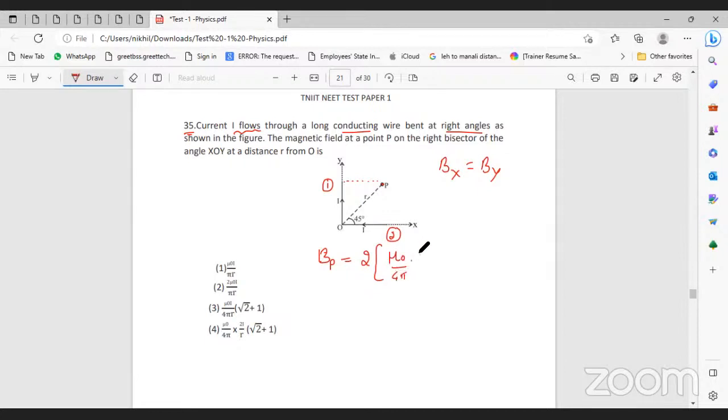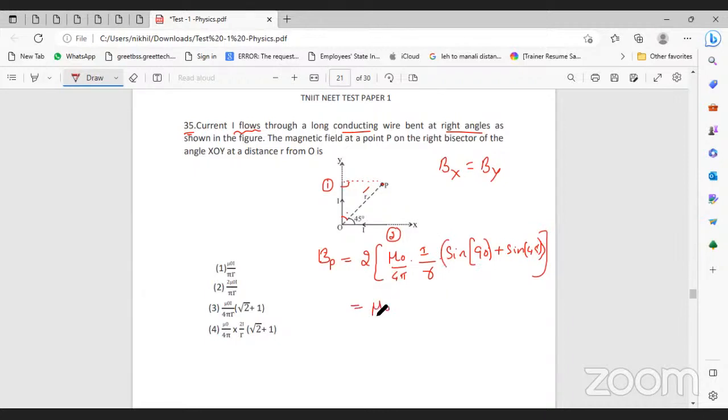What is the magnetic field for the straight conductor at one extreme end? It is mu naught by 4 pi into I divided by the distance. The distance is R, into sine of the angle. One angle will be 90 degrees at the end, the other angle at the edge is 45 degrees. So sine 90 plus sine 45.